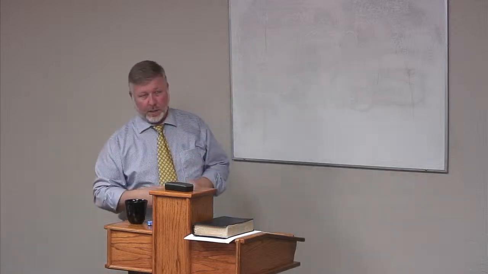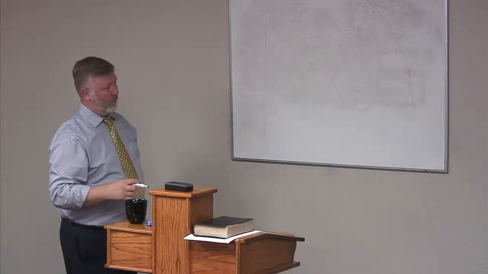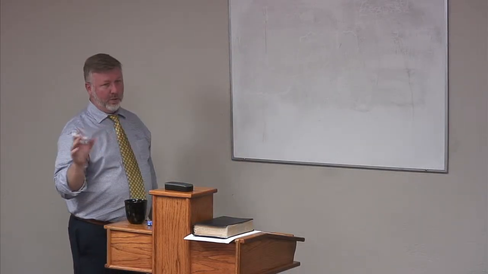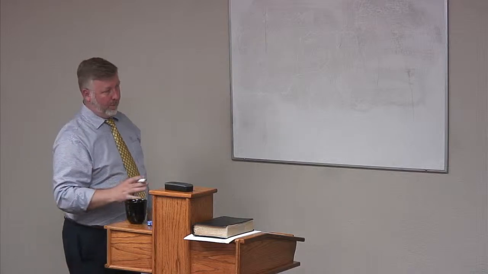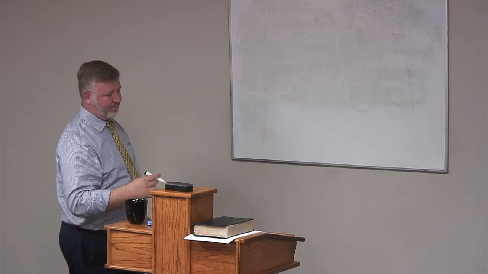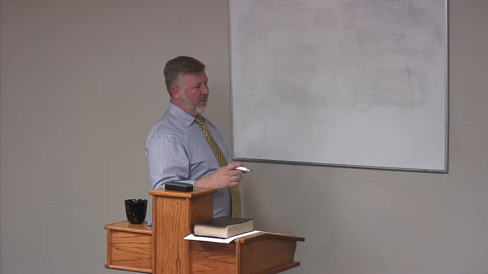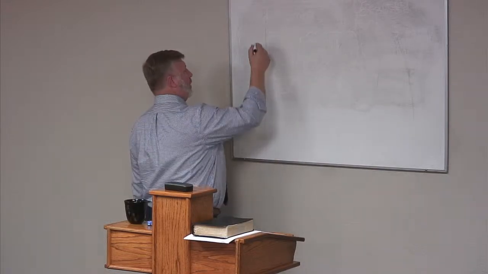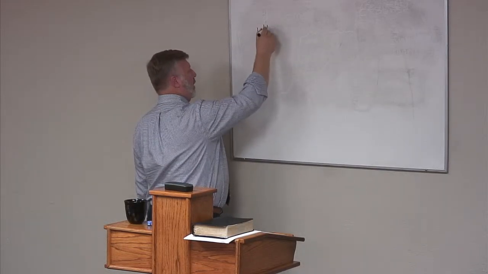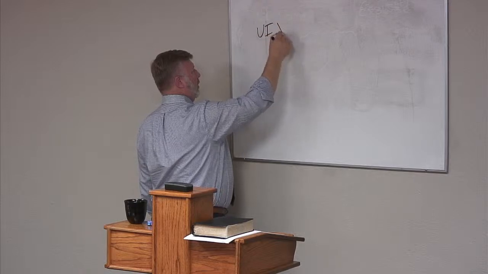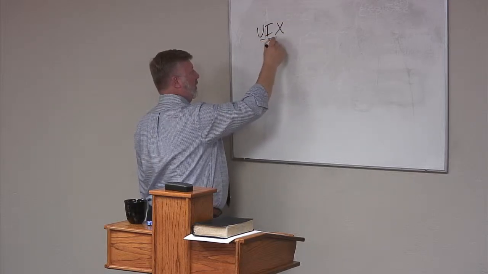Now, volatility is something that you need to understand. We're going to cover this and explain this a couple different ways because it really matters in understanding a few other concepts as we go along. Volatility is measured in the stock market in a thing called the VIX, Volatility Index.